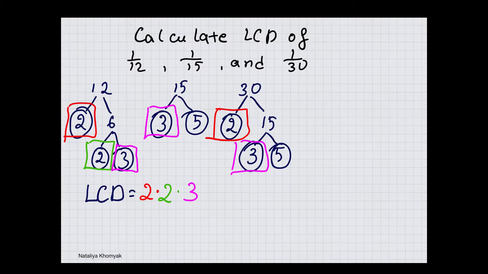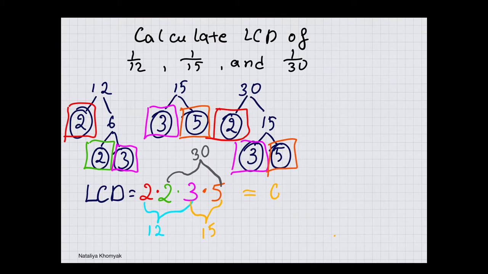Okay, and now we just need a 5 to make 15, and it repeats with the 5 in 30. These three numbers will make 12: 2 times 2 times 3 gives us 12. 2 times 3 times 5 will give us 30, and with 3 times 5 we can create 15. 2 times 2 times 3 times 5 will give us an LCD of 60.